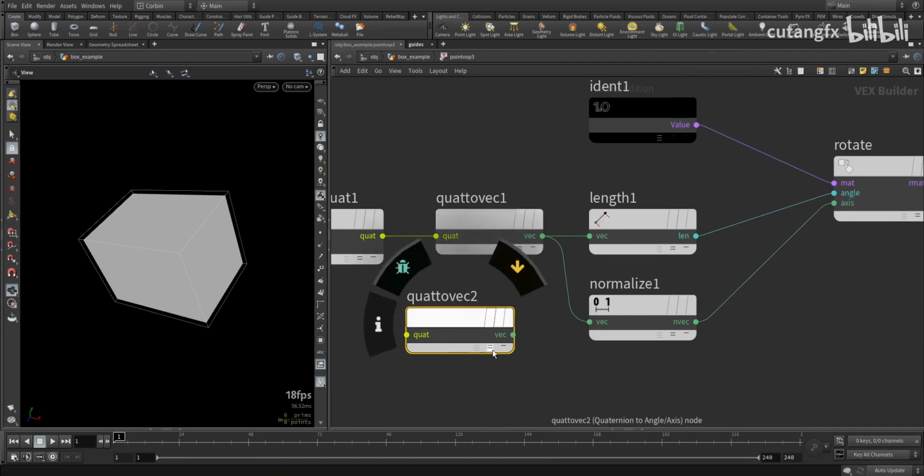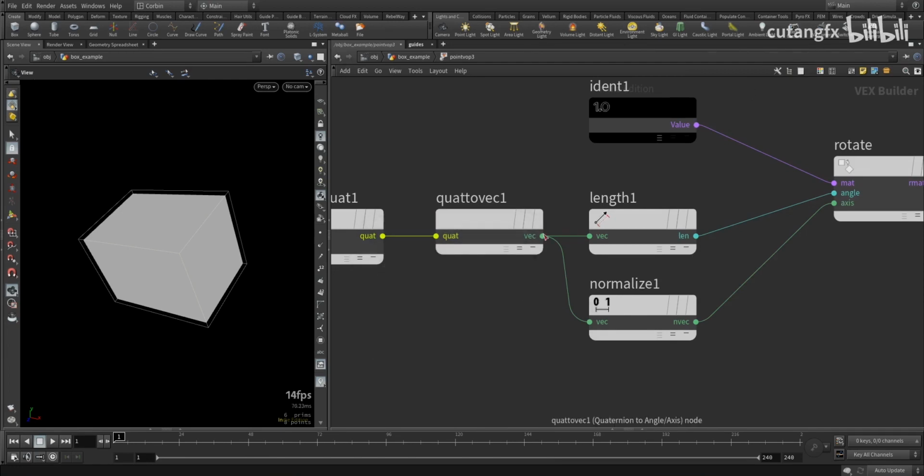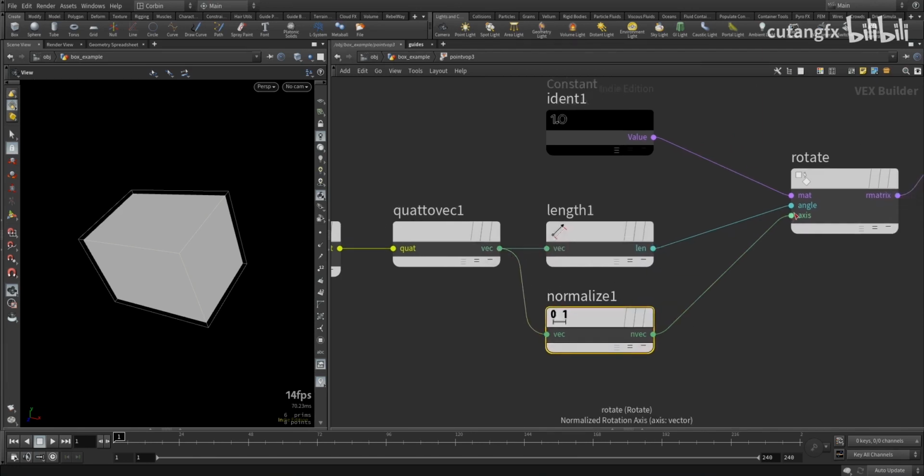Okay, and what this does is it returns one vector, but that vector's normalized vector is the axis, and the length of it is the angle. So remember we worked with normalizing and length before, and now you see how it comes into practice.